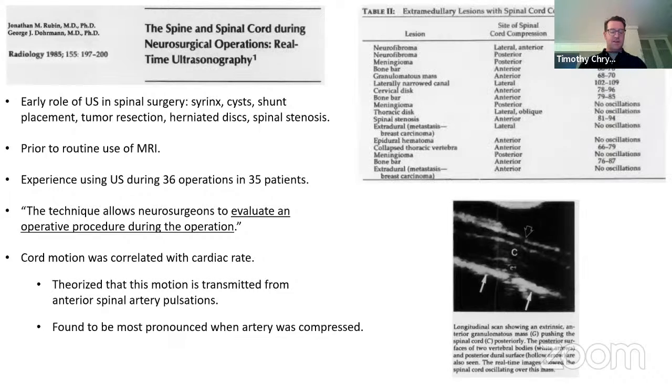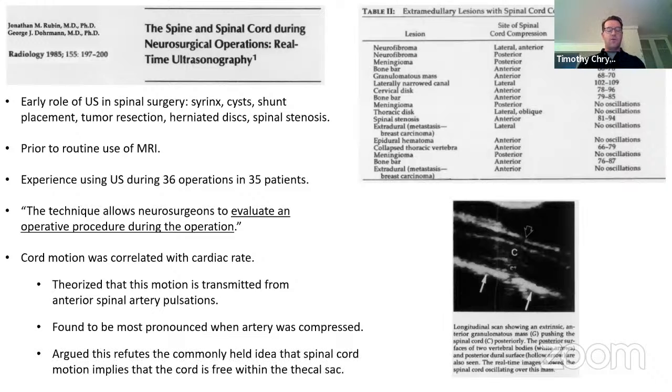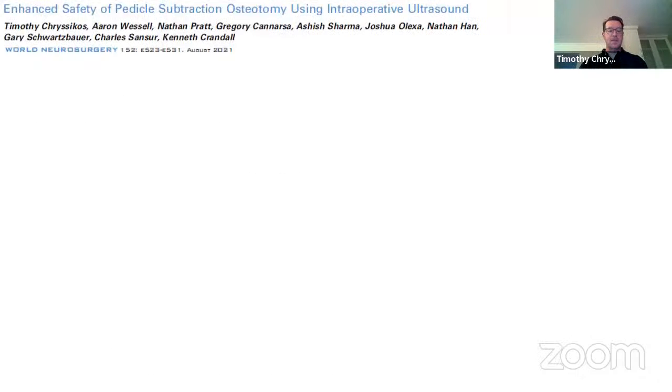They judged that the primary driver of spinal cord motion is the anterior spinal artery, in that the more the artery is compressed, the greater the motion of the cord. So they felt that more motion of the cord could actually be an indication of compression. But that's just something to keep in mind.